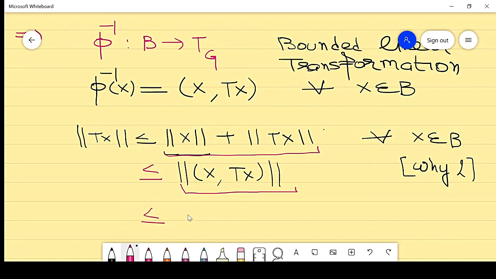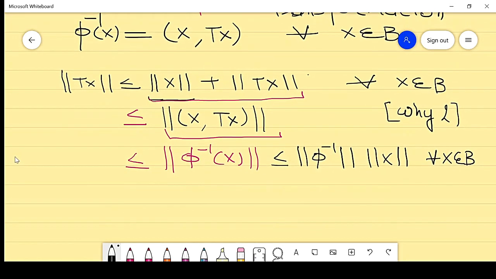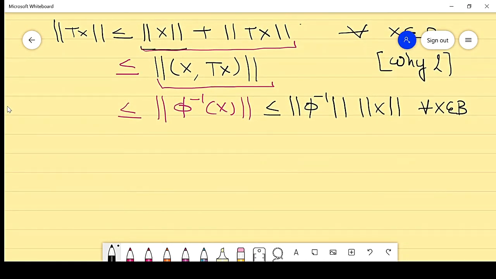Now this value is equal to the norm of phi inverse of x. And what is phi inverse? It is a bounded linear transformation. So by using the definition of bounded, this is norm of phi inverse times norm of x for every x belongs to B.